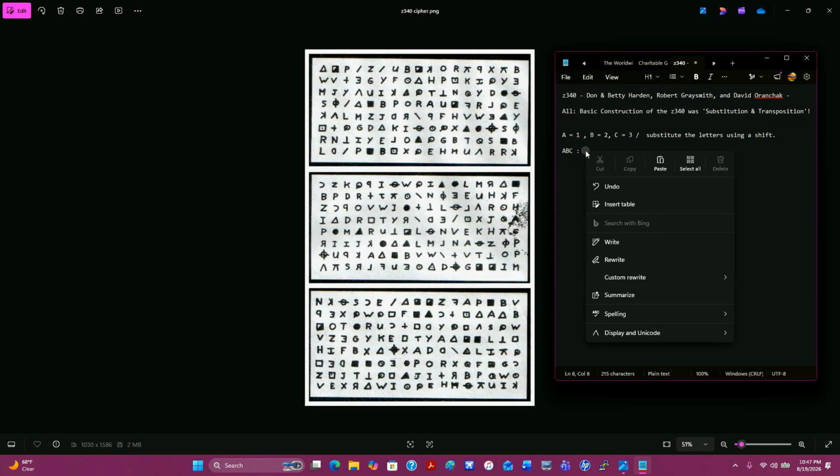So let's go with one shift. That would mean that A is now B, B is now C, and C is now D, because we shifted 1.